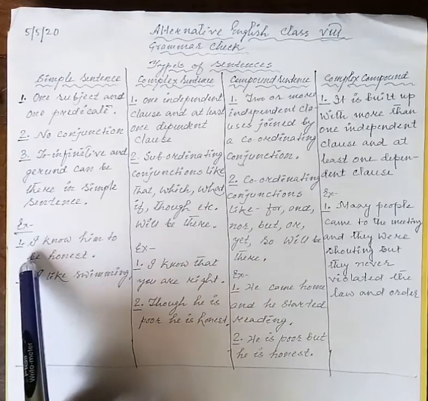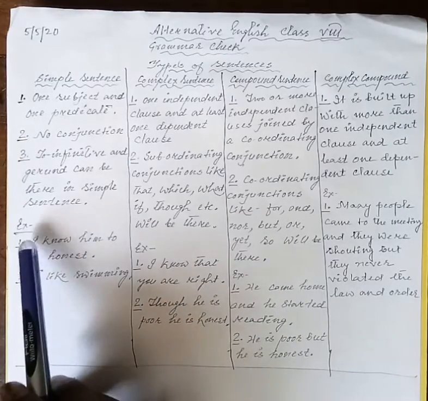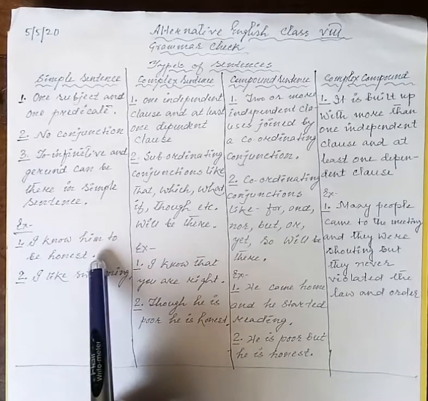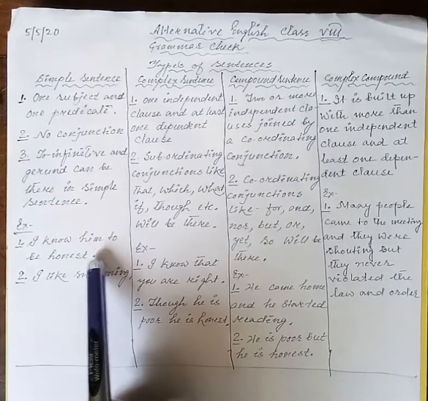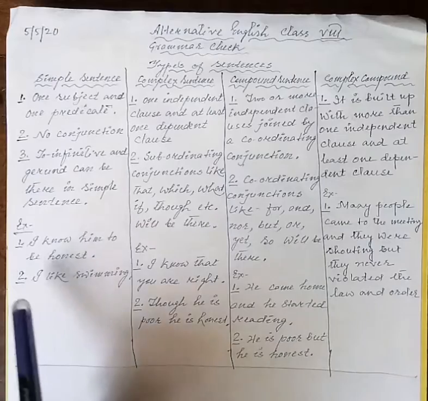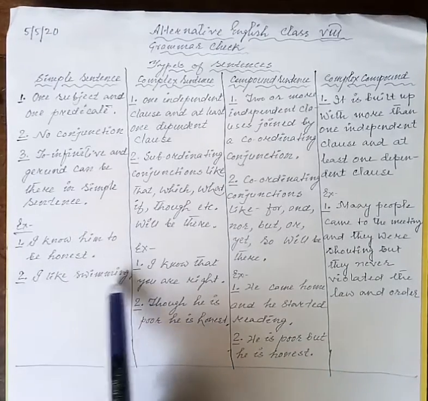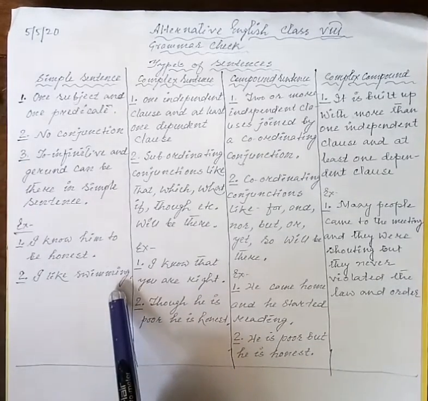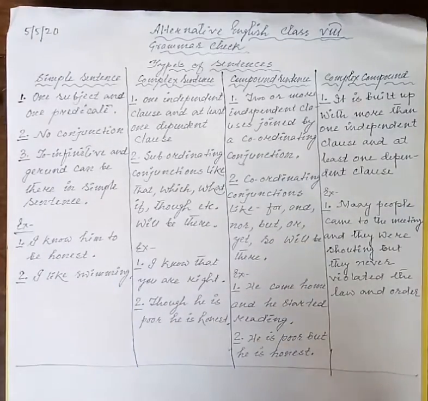Here to be is the to-infinitive, I is the subject, and from know, the verb, up to honest, this part is the predicate. One subject, one predicate. Second one, I like swimming. Swimming is the gerund here. I is the subject, like swimming is the predicate. So it fulfills the conditions of a simple sentence.